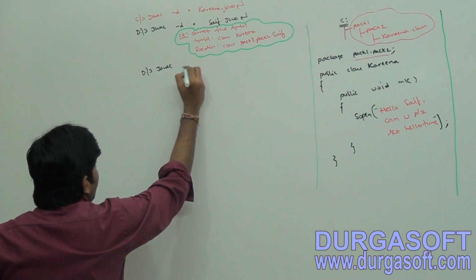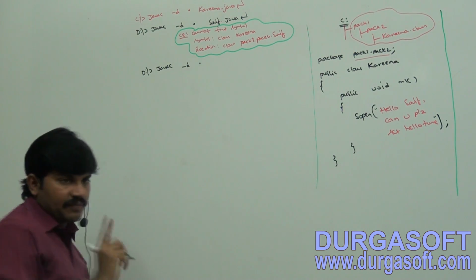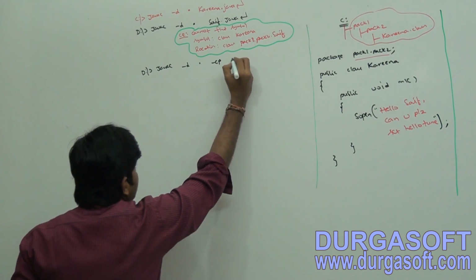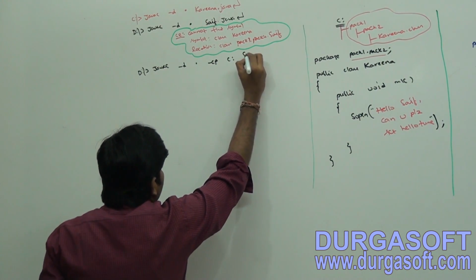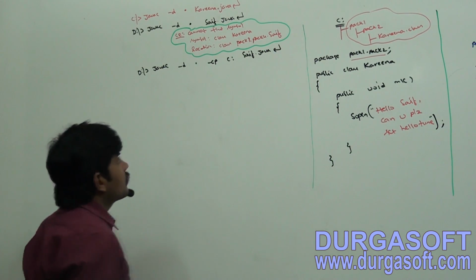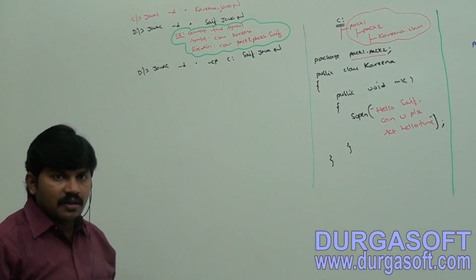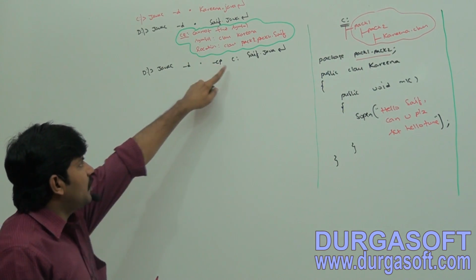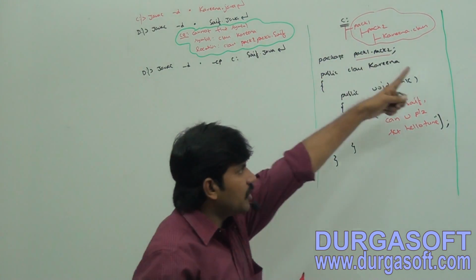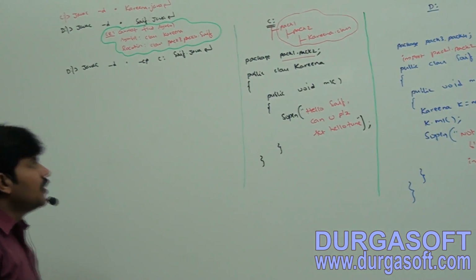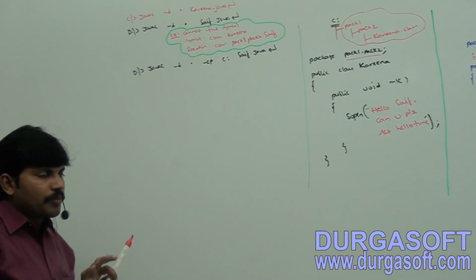So javac -d . and, if any class path is required, -cp C location followed by saif.java. Happily the code compiles fine, because saif.java requires Karina, which is available in the C location. In the C location pack1 pack2 Karina is already there. That's why the reference we are able to get. Happily the code compiles fine, no problem.